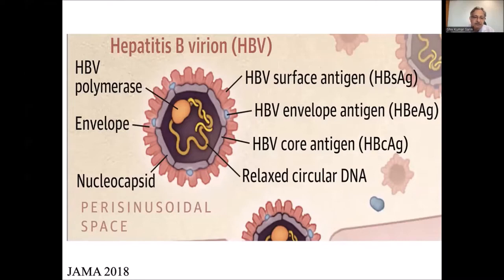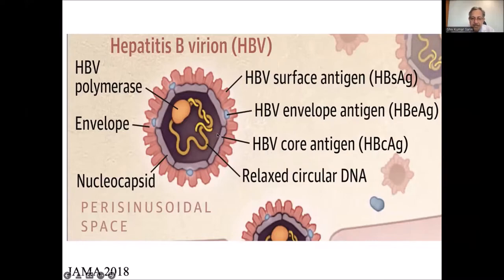Whenever we have a virus detected in the blood, we are detecting surface antigen, which is a protein. Then we have an envelope antigen, which is E antigen. The inside of this is the core antigen. Now this core antigen never comes out into the blood.